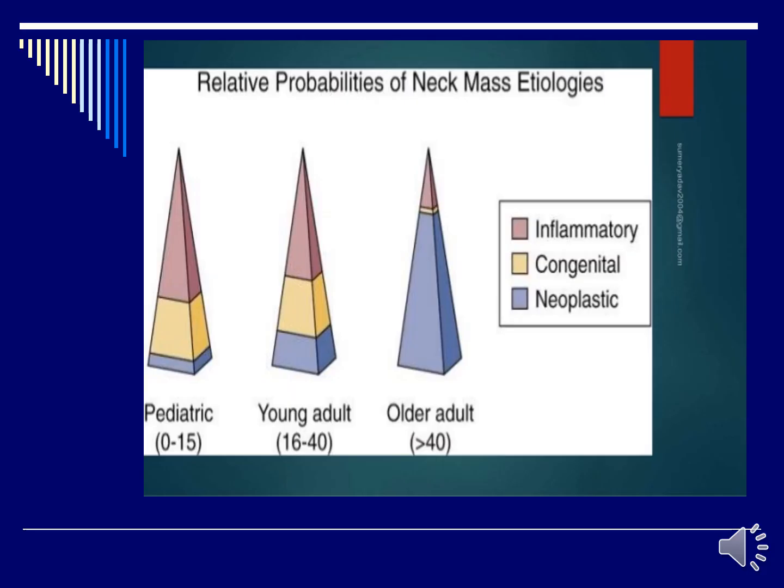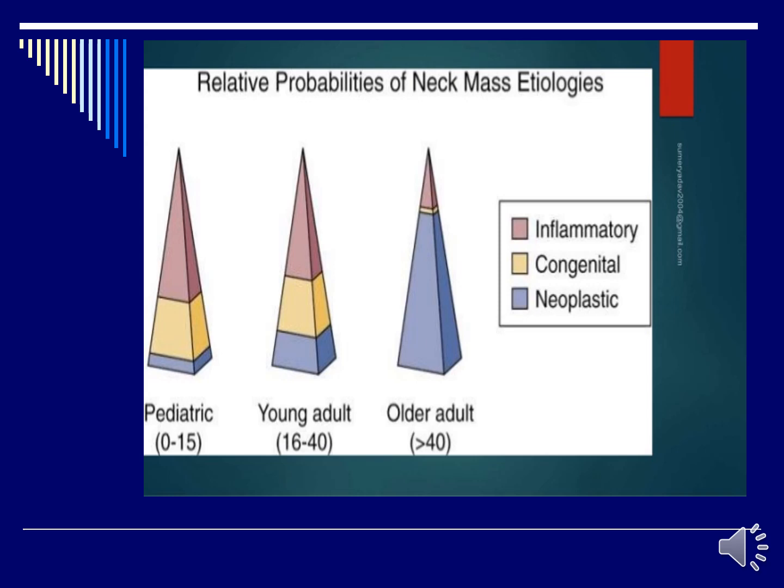Now, the etiology of the neck mass. Neck masses can be divided into three main groups: inflammatory, congenital, and neoplastic. The incidence of each differs from one to another according to the age group.